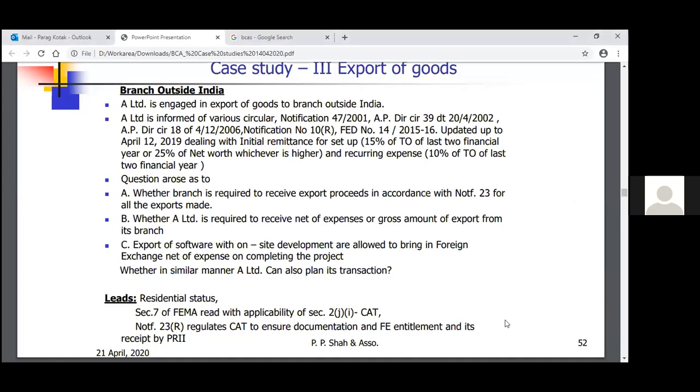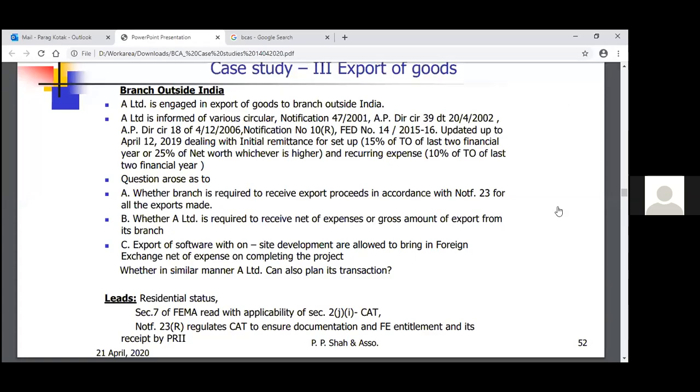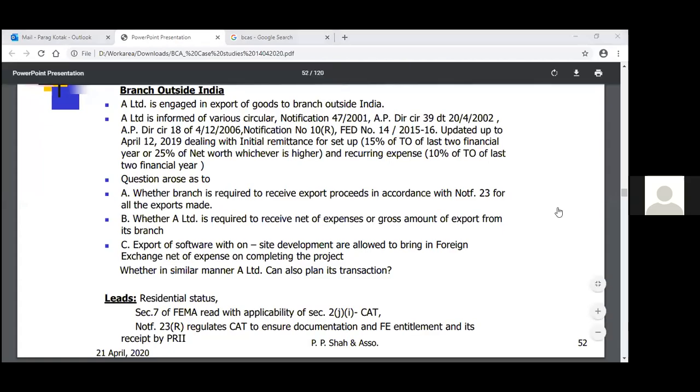Those are intended for the initial expenses as well as the recurring expenses given to you by virtue of the general permission. Now, the first question which comes to my mind as a practitioner on a conceptual basis is whether a branch is an entity which is a non-resident. The answer is no.